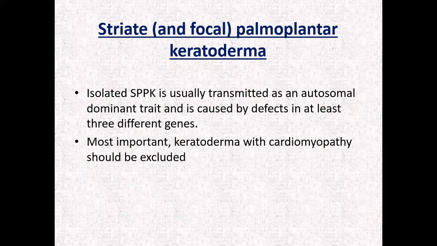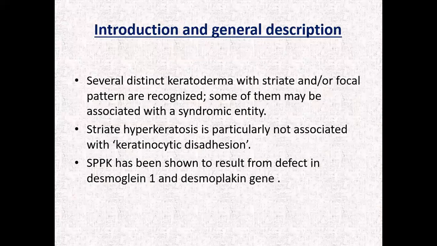Then striate and focal palmoplantar keratodermas. The isolated striate palmoplantar keratoderma is transmitted as autosomal dominant trait with at least 3 different genes involved. And these keratodermas are characterized by cardiomyopathy in some cases.